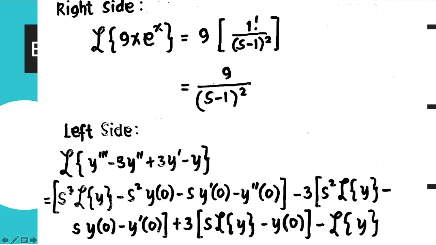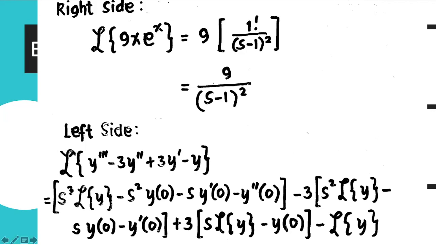So take note, we are taking the Laplace of the third derivative. So we have how many terms? 1, 2, 3, 4. 4 terms. And notice that the exponent of s decreases from s cubed up to s raised to 0.